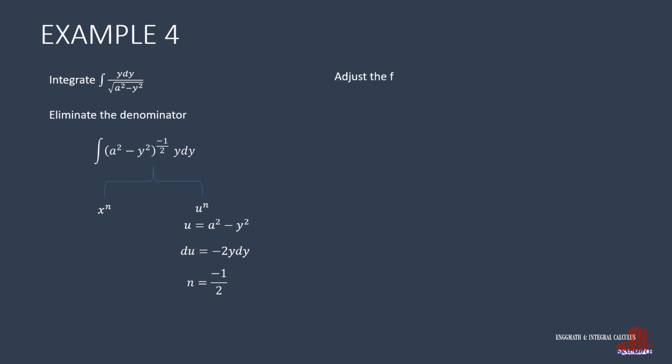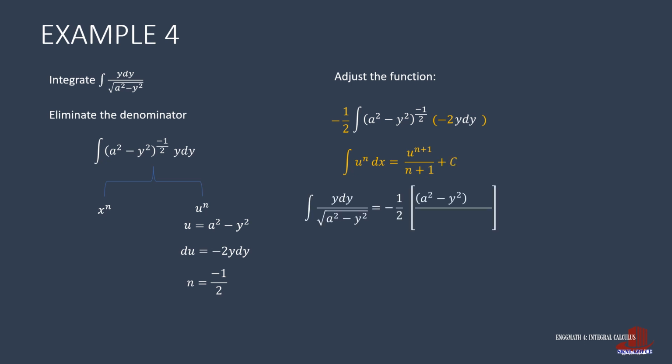Adjust the function to have the proper derivative and multiply negative 2 with dy. Then, place negative 1/2 right before the integrand. With the function already adjusted, integrate it through general power formula and get negative half of a squared minus y squared raised to negative 1/2 plus 1, all over negative 1/2 plus 1.